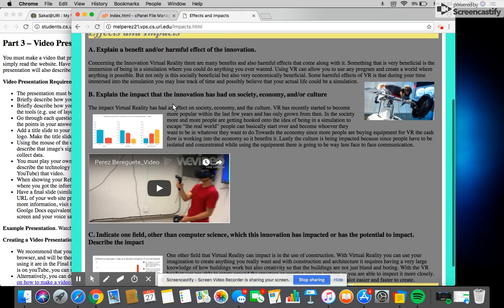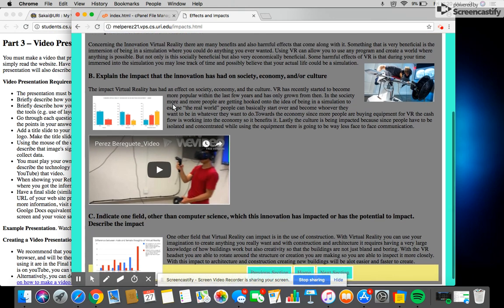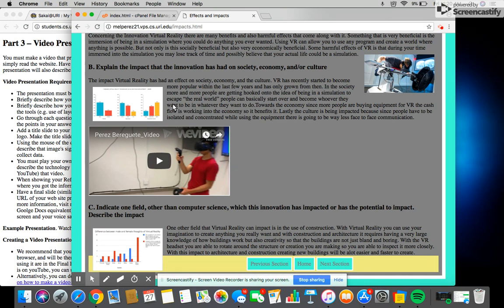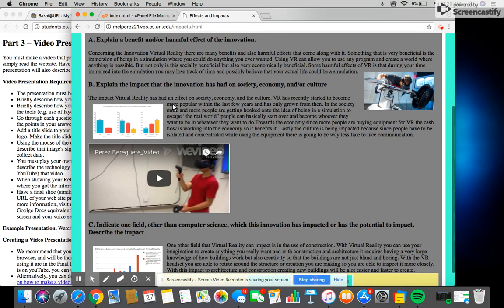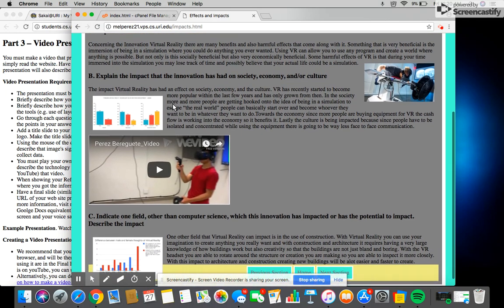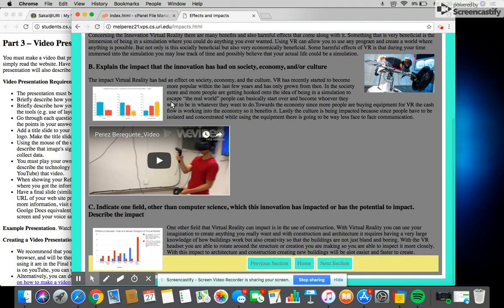The impact the innovation has had on society, the economy, and culture: VR recently started to become more popular within the last few years, so it's only going to grow from there. In society, more people are getting hooked onto the idea of the simulated 3D environment.